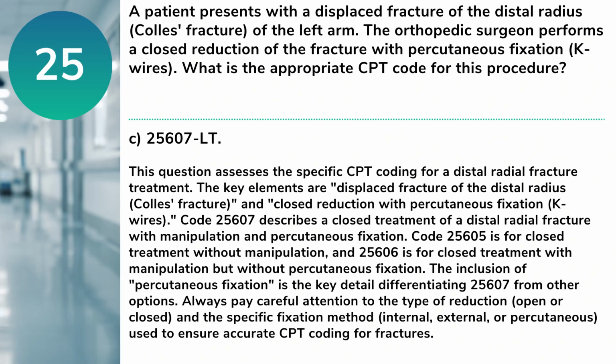Code 25605 is for closed treatment without manipulation, and 25606 is for closed treatment with manipulation but without percutaneous fixation. The inclusion of percutaneous fixation is the key detail differentiating 25607 from other options. Always pay careful attention to the type of reduction, open or closed, and the specific fixation method, internal, external, or percutaneous, used to ensure accurate CPT coding for fractures.